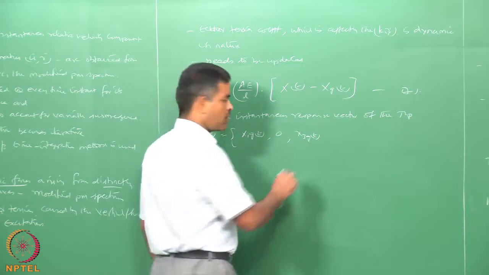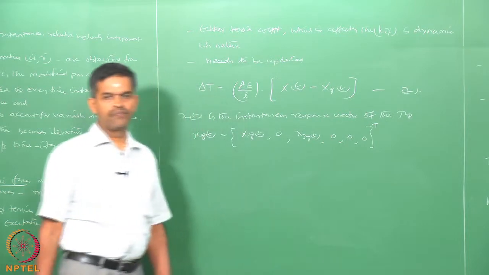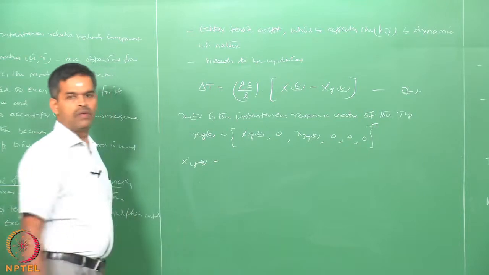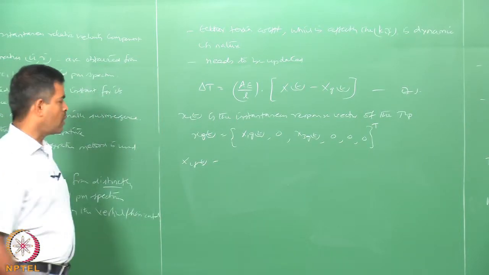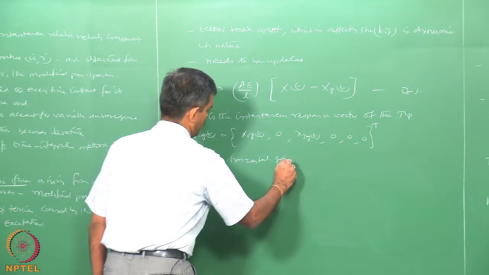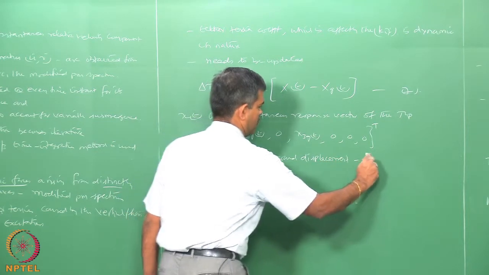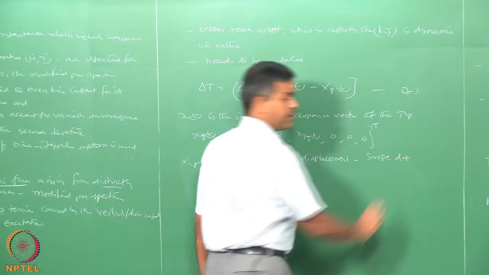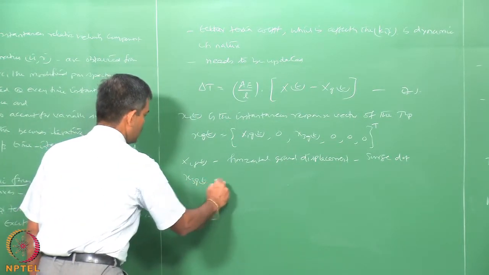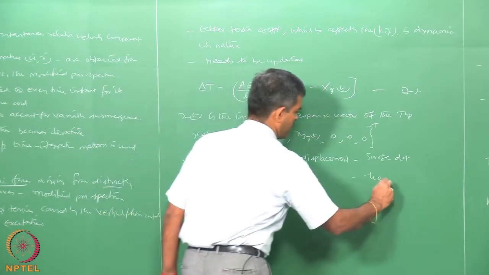Remaining all other degrees remain 0. x1g is of course the horizontal ground displacement in surge degree of freedom, and of course, x3g is the vertical ground displacement in heave degree of freedom respectively.